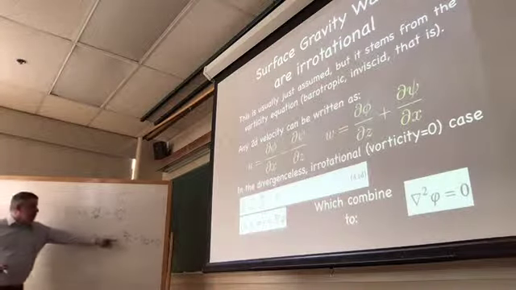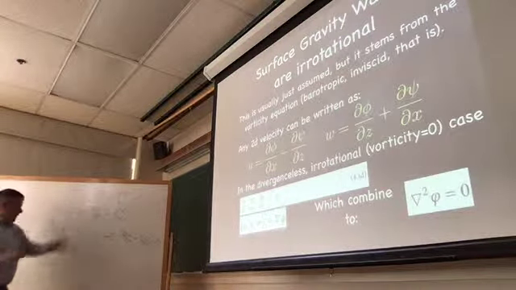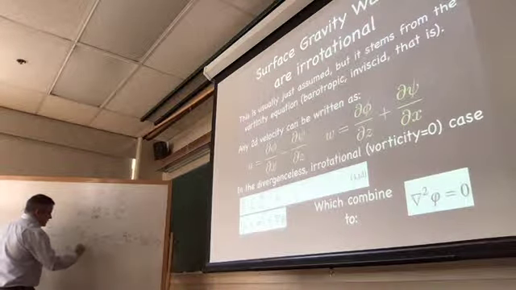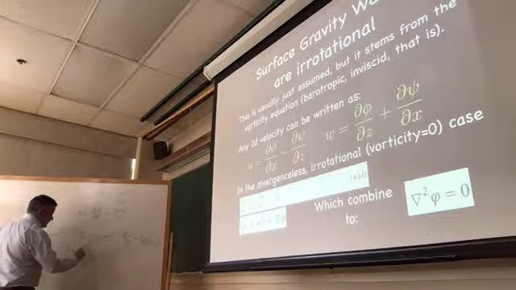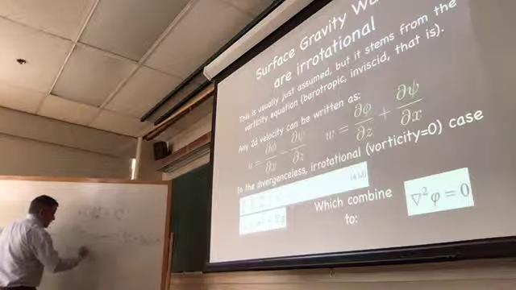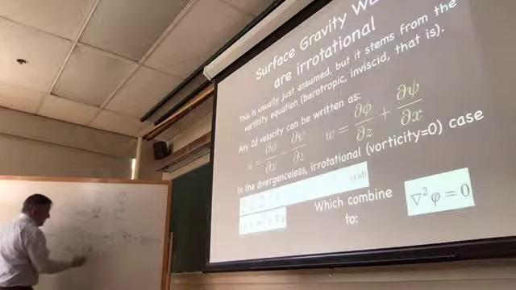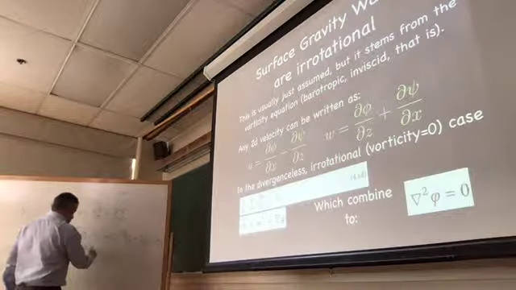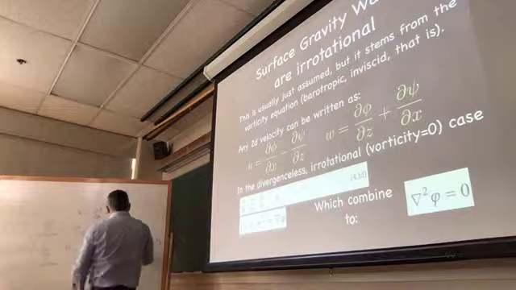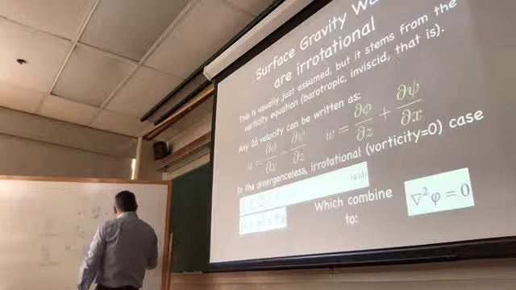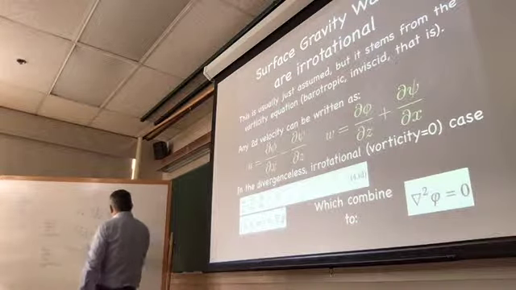So let's do that. What's du/dx? The divergence of u equals the second derivative of phi with respect to x, and then minus the second derivative d/dx dz of psi.